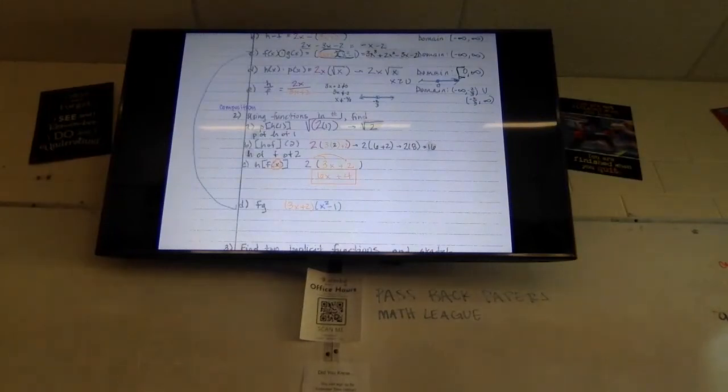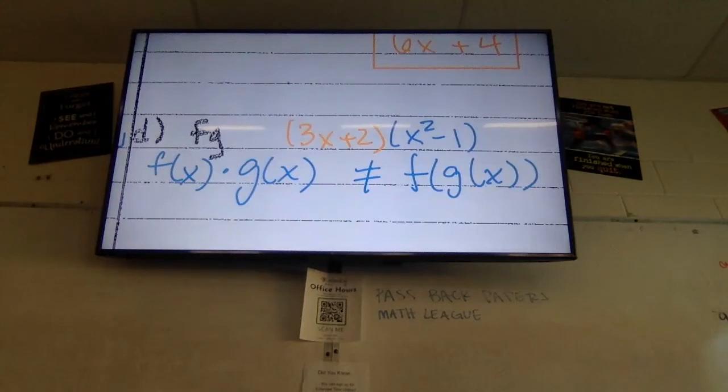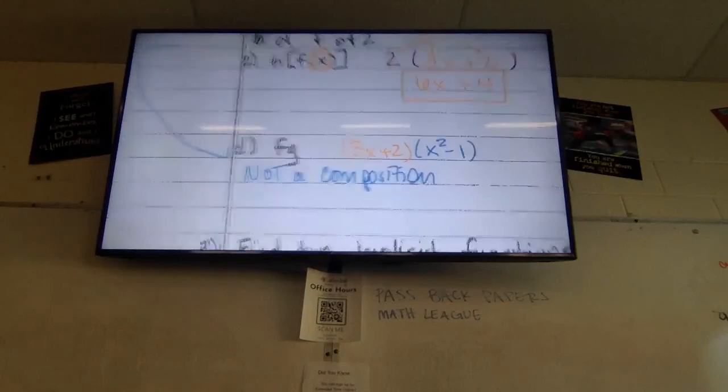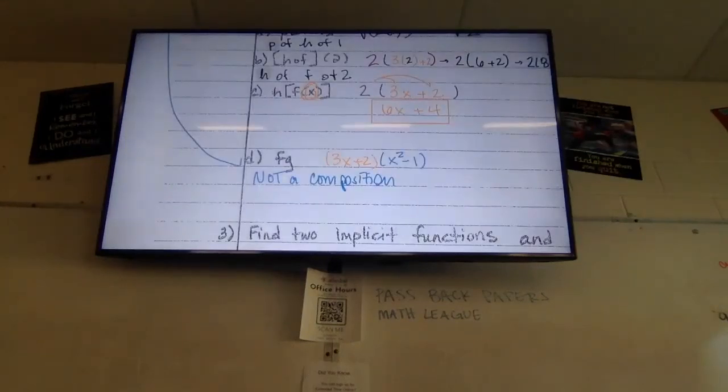That's the same thing as writing this. So FG is the same thing as writing F of X times G of X, but it is not equal to F of G of X. So those are not the same thing. This was not a composition. So maybe I'll write that. Not a composition. Just a normal multiply.